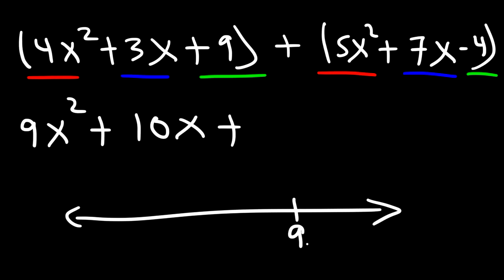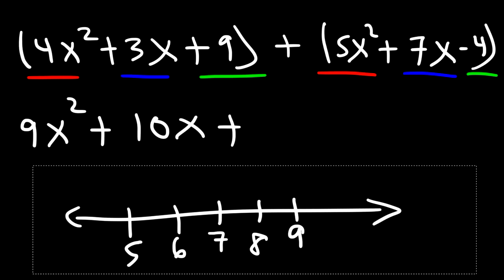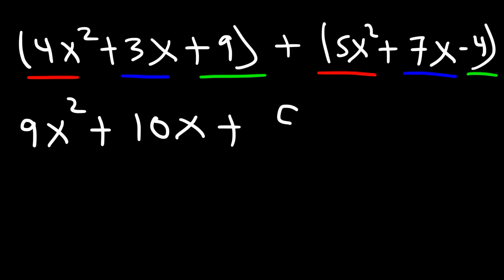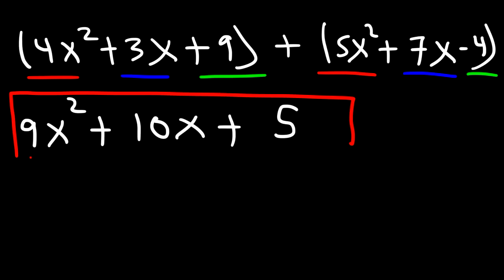So we're subtracting 4 from 9. We need to travel 4 units to the left. And so this will be 8, 7, 6, 5. So 9 minus 4 is positive 5. And therefore, this is our answer: 9x squared plus 10x plus 5.